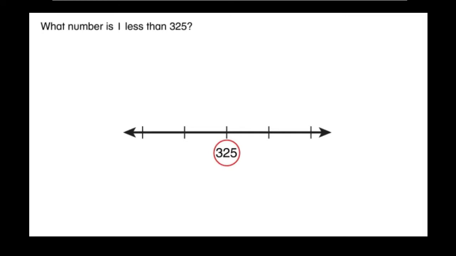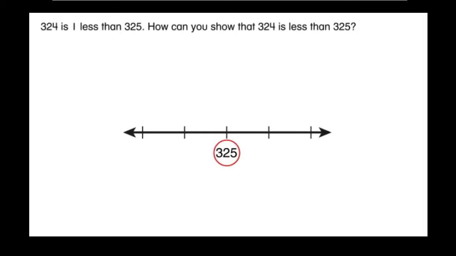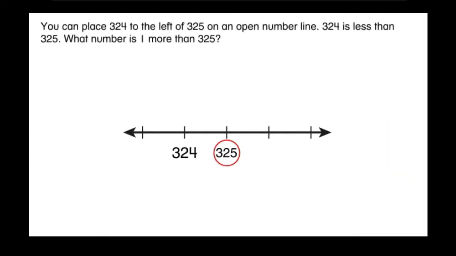What number is 1 less than 325? 324 is 1 less than 325. How can you show that 324 is less than 325? You can place 324 to the left of 325 on an open number line. 324 is less than 325.